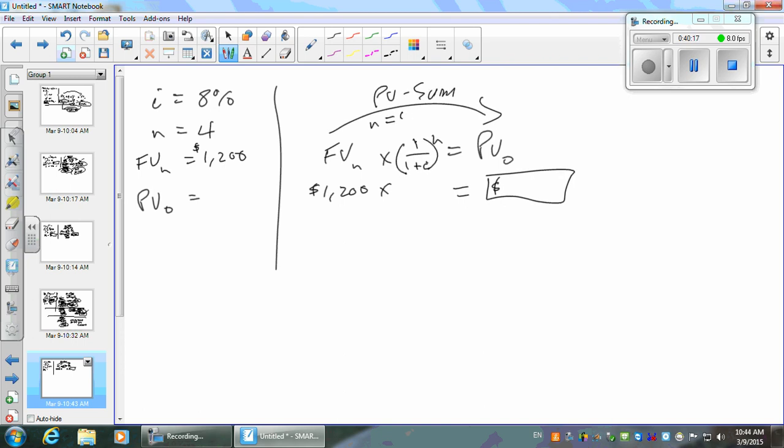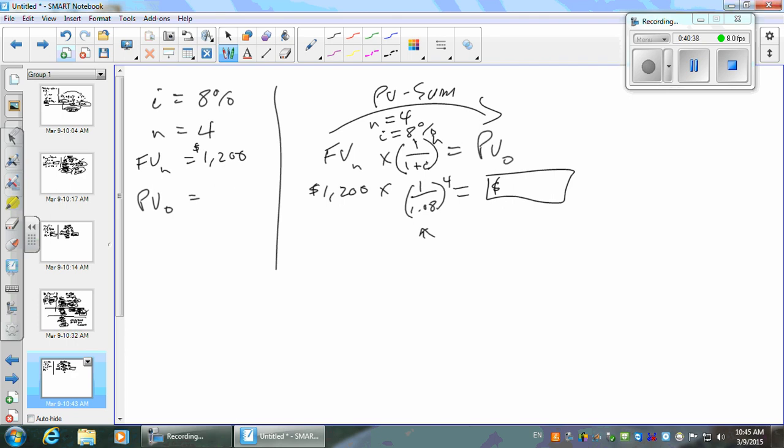Number of periods is 4, interest rate is 8%. These are the same problem over and over, aren't they? Okay? So what's the factor? Or just calculate it. 1 over 1.08 raised to the 4th. 4 periods, 8%. What's the present value factor, everybody?